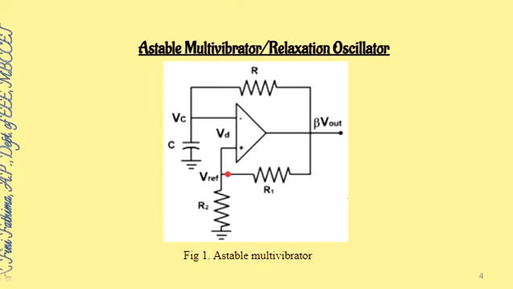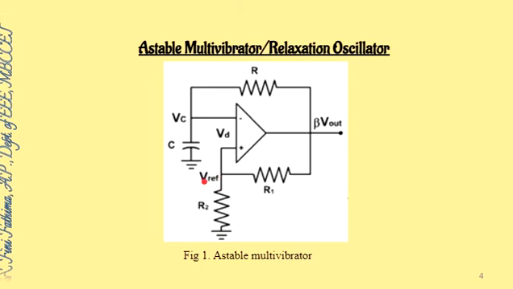In an astable multivibrator, we are setting the reference value with the help of positive feedback, that is, the feedback voltage is connected to the non-inverting terminal. So what is the reference value here?